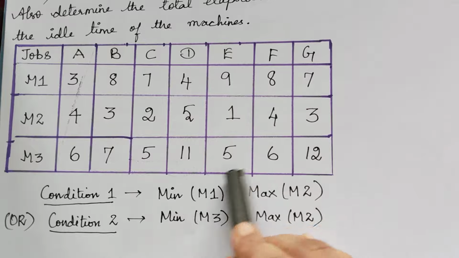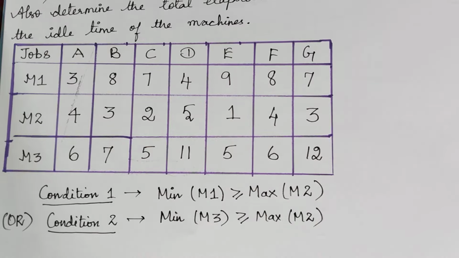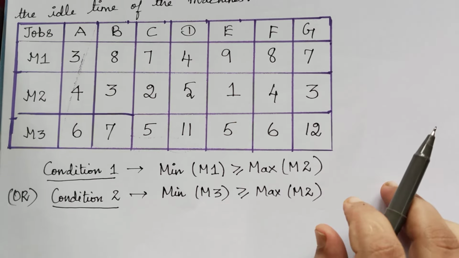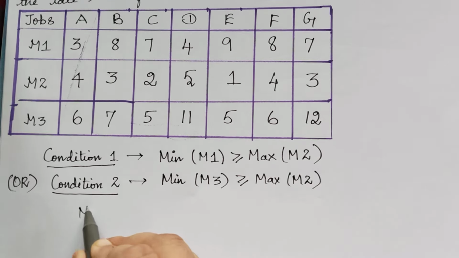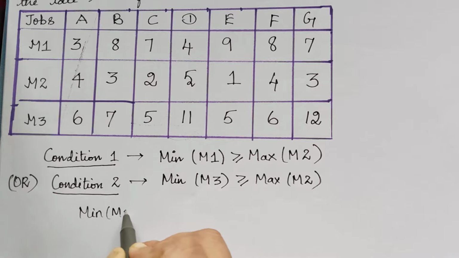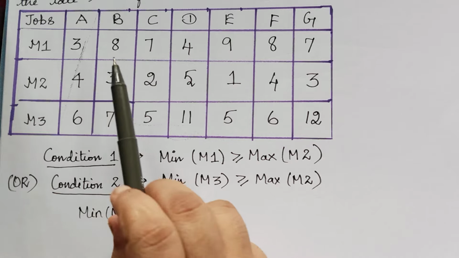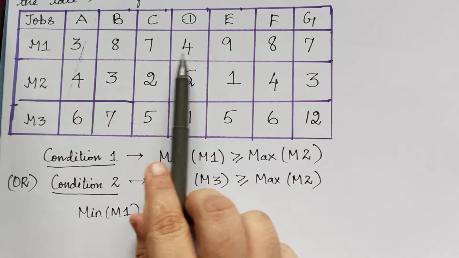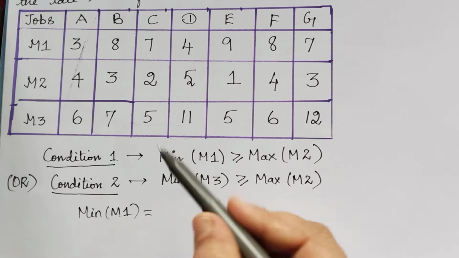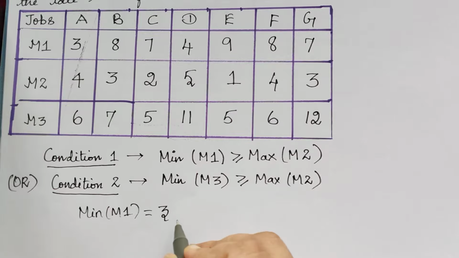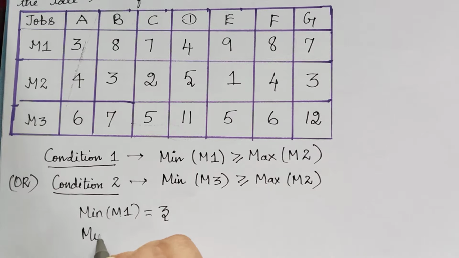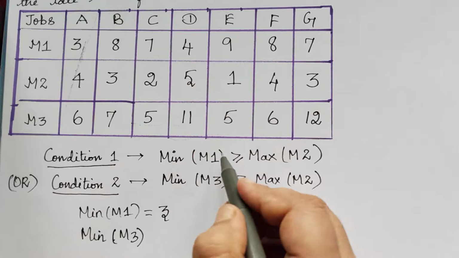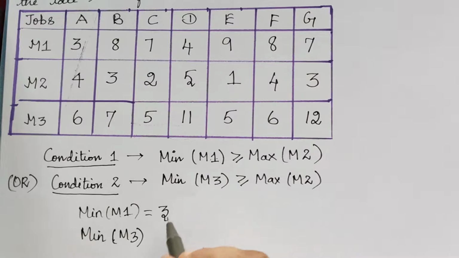So let us test these two conditions first. For the first condition, first we shall find what is minimum of M1. Out of all the processing times, what is the minimum value? We observe that 3 is the minimum. So let us write that. In a similar manner, let us find minimum of M3, because in the formula we have minimum of M1, minimum of M3.